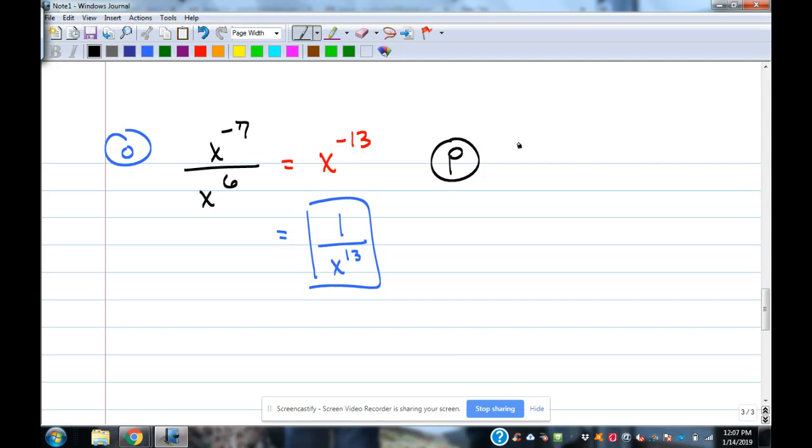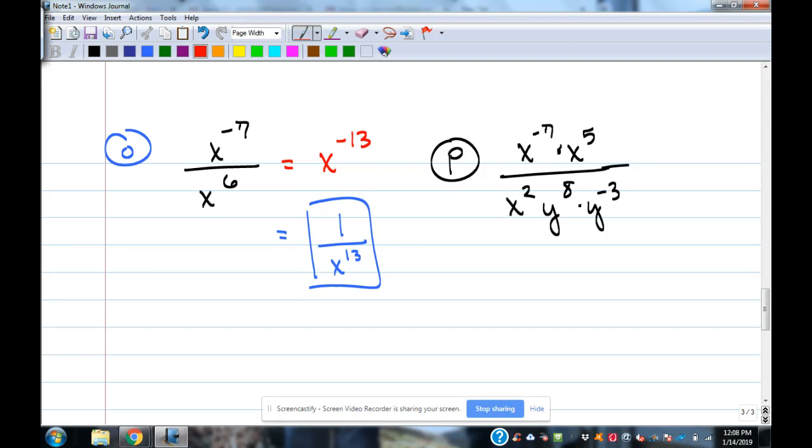And say we had x to the negative 7 times x to the 5th over x squared y to the 8th times y to the negative 3. Okay, so I can do those x's up top first. So what's the rule for the x's on the top?